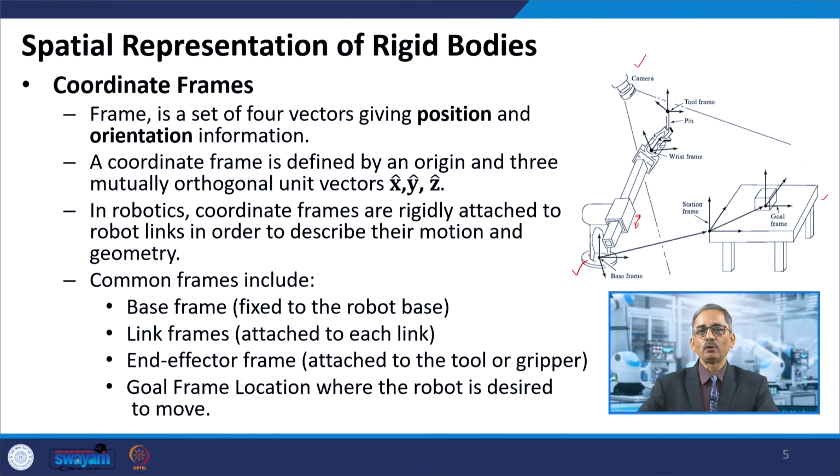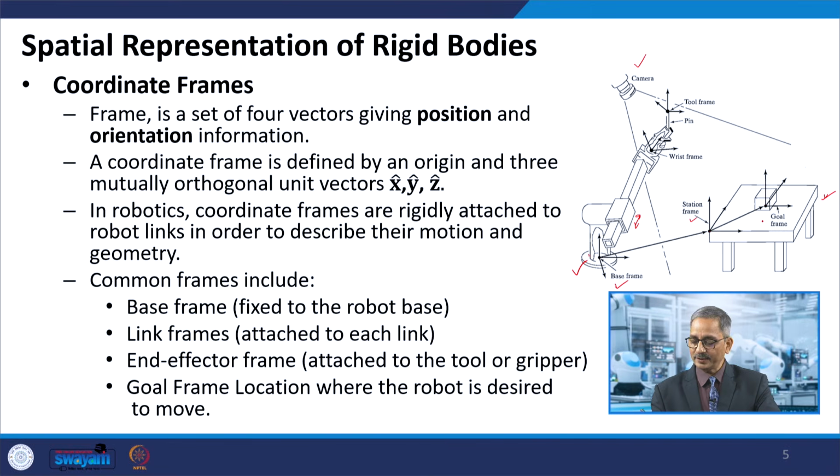What we do essentially is that here we have a base frame, which is a fixed frame, and this table I can define with respect to a frame attached at one of the corners of the table, which we call the station frame. On this object I fix another coordinate system or frame, and I define the origin of that frame with respect to the origin of this station frame.